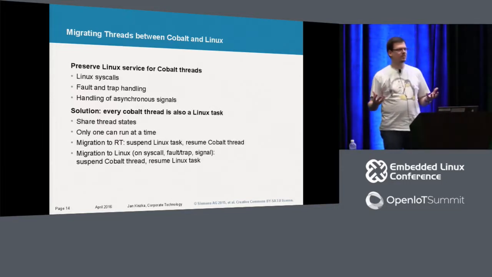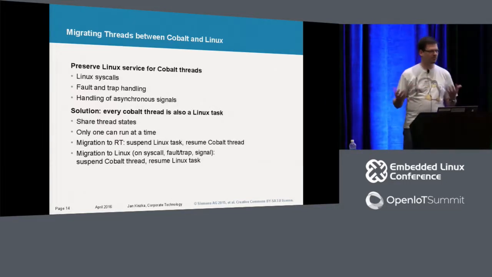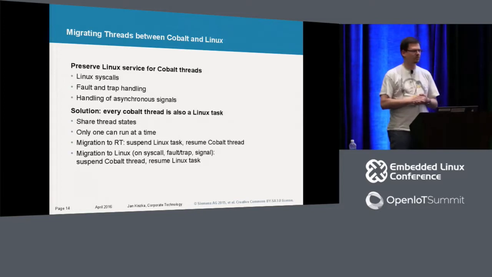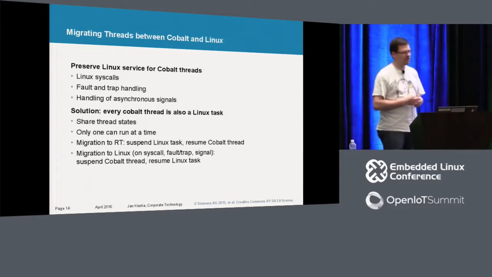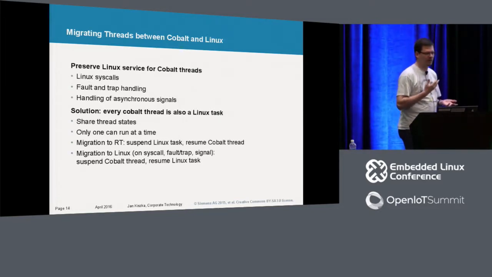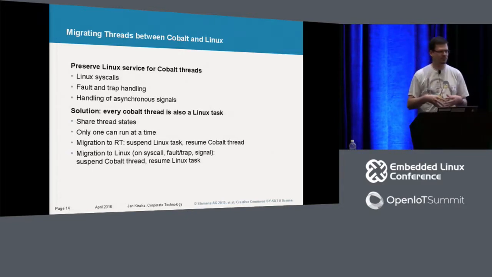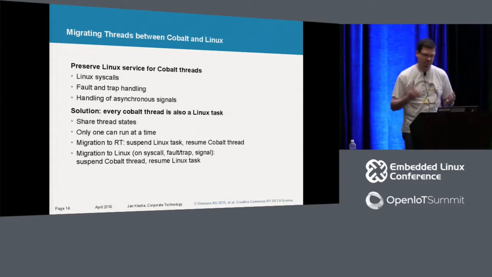So you end up with a real-time task having a Linux mate, so to say. And these 2 threads share a lot of state. Only one of them can run at the same time, otherwise you get a mess. You have the same state, but 2 of them running at the same time.